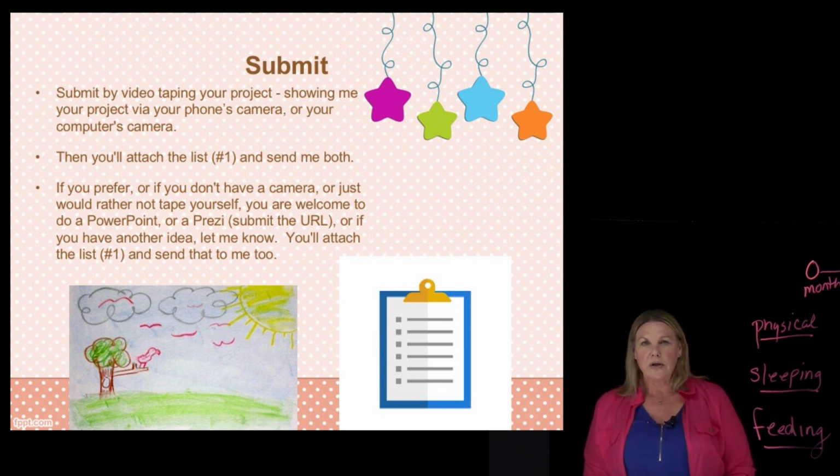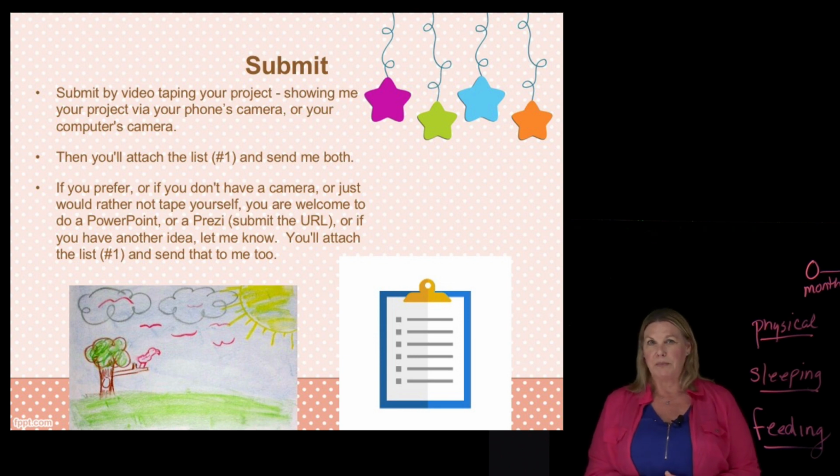And then also, you're going to submit the list, right? 2 things. You're going to submit the list and the project. So you need to double check that both get submitted, because sometimes they don't. You could do a Prezi, and you want to submit the URL if you do a Prezi.